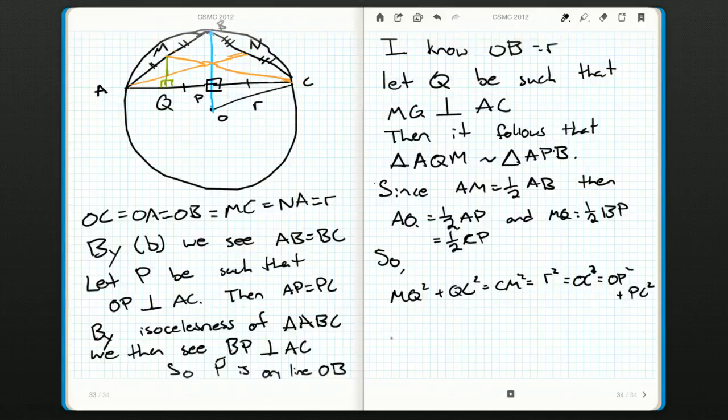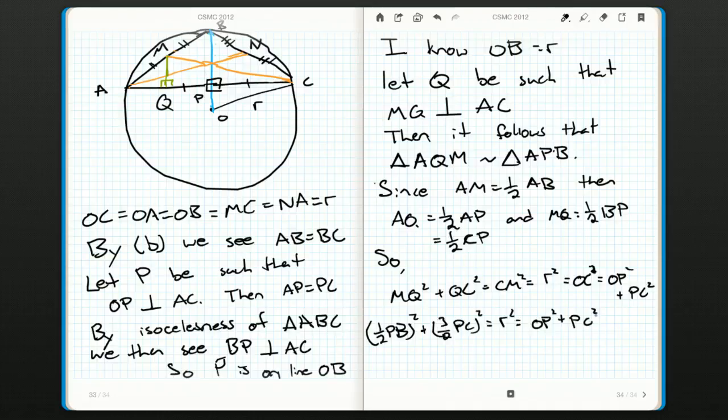Now QC, so MQ is 1/2 PB, squared. We're going to get everything in terms of P. So this is 1/2 PB squared. Now QC is PC plus 1/2 of PC, so that's 3/4 PC. And that's equal to R squared, and that's equal to OP squared plus PC squared. So now we've gotten everything in terms of P, and I think it'll come down to a relationship between OP and PB.